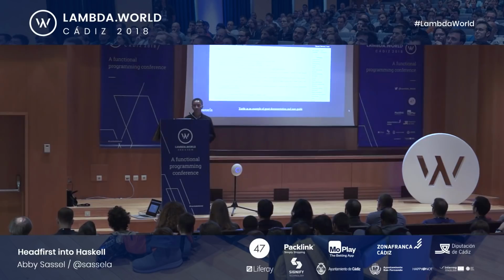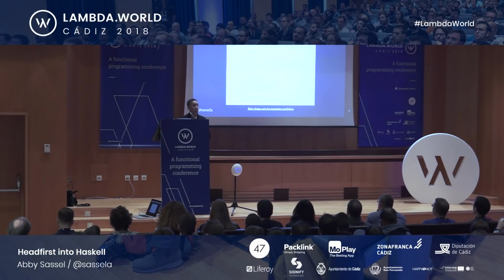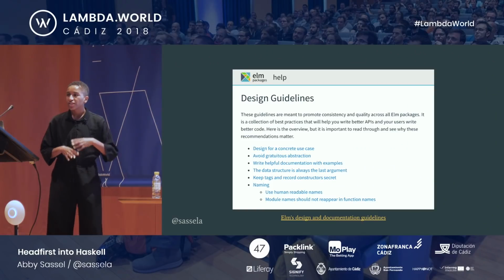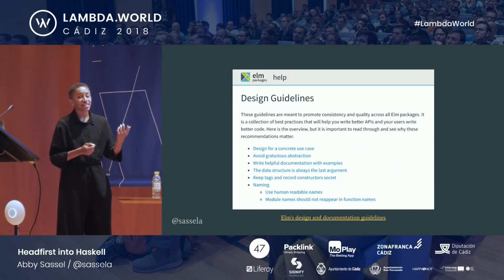Equally, if you're contributing to something, don't be put off by the size of a library in terms of creating pull requests for contributions and trying to improve, if you can see that improvements can be made to the documentation. Elm has a fantastic range of resources on writing great documentation and design guidelines and writing libraries as well.